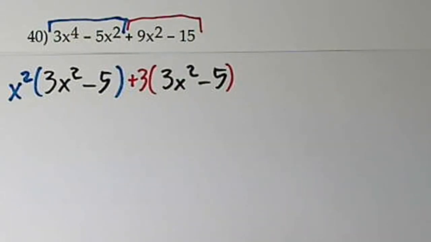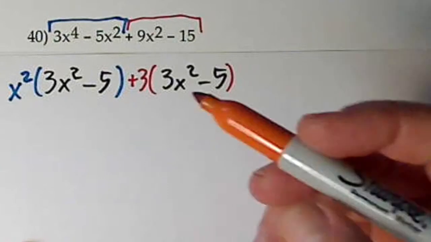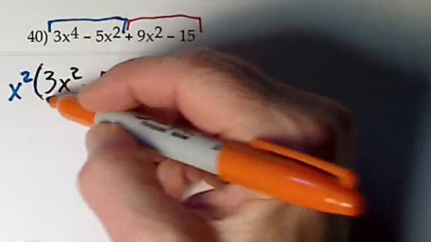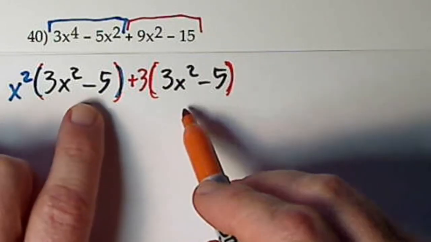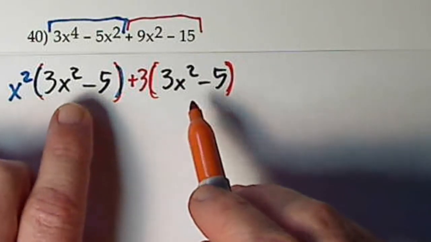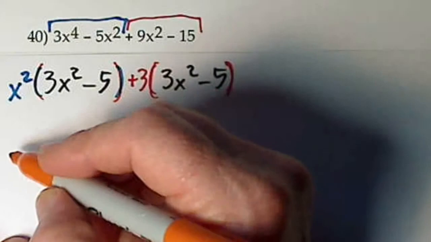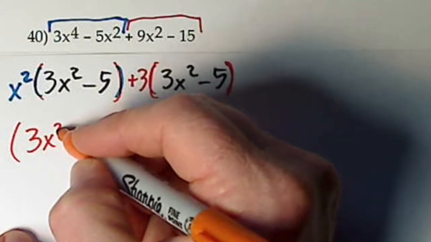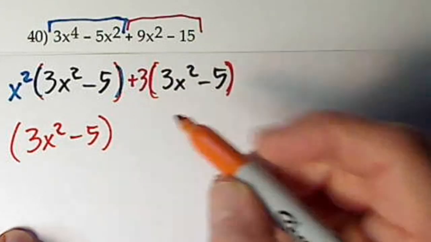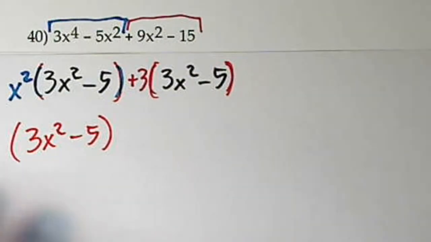That's what you need to have happen when you're factoring by grouping. Okay, so this set of parentheses is the same as this set, so each set of parentheses is my common factor. So I'm going to factor out 3x squared minus 5 from each of these terms.